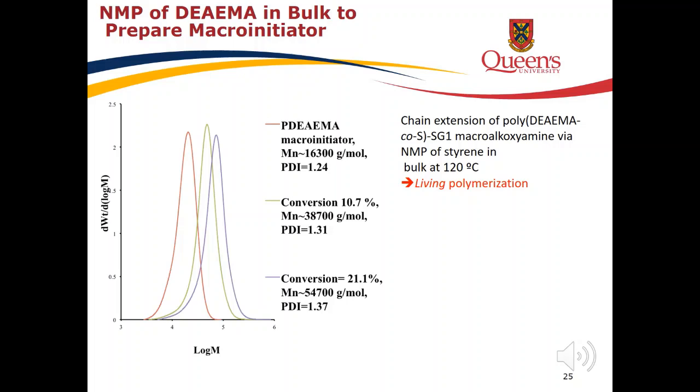Now you don't need to go up to that 21% conversion depending on what it is you're trying to do. You can be at much lower molecular weights for the first block, and in fact a lot of the work you'll see may have molecular weights of the first block down around 4,000 or 5,000. It really depends on your application.